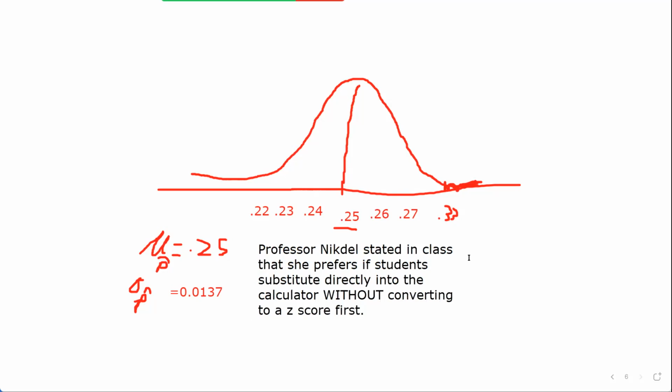Now, the question is, how do I do it? Remember the format. I'm going to give you the general format. This is the same format you had in 6.1 and 6.2. Normal CDF. I'll show you where to go. Normal CDF, your left bound or your lower boundary of your region, your upper boundary of your region, your mean, but it's not the mean here.